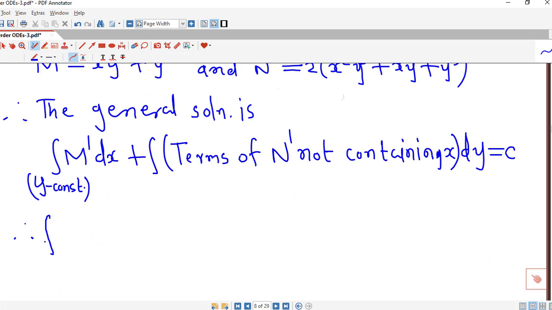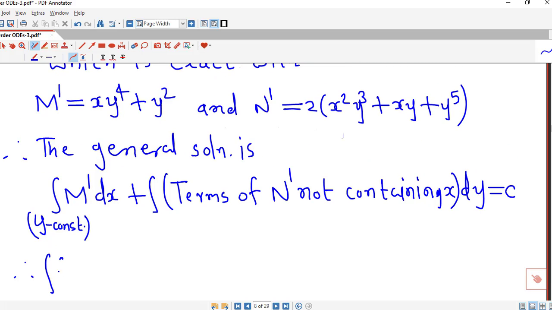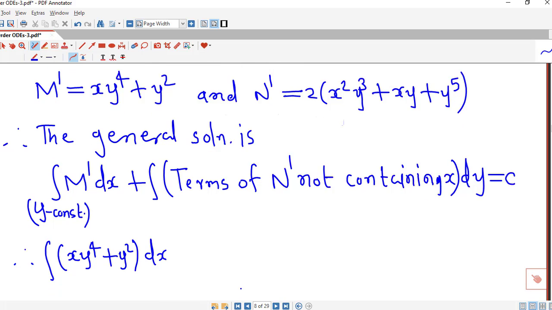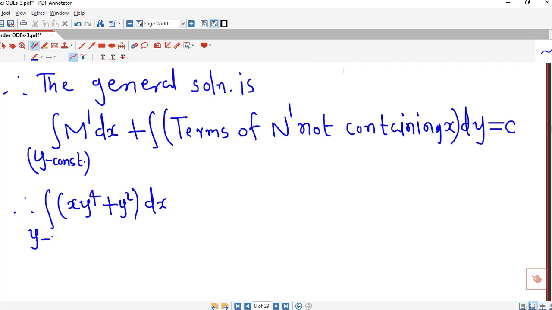So therefore M dash is x into y raised to 4 plus y square. Here we treat y as constant because integration is with respect to x.